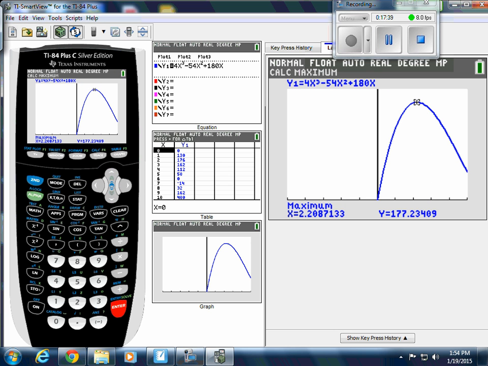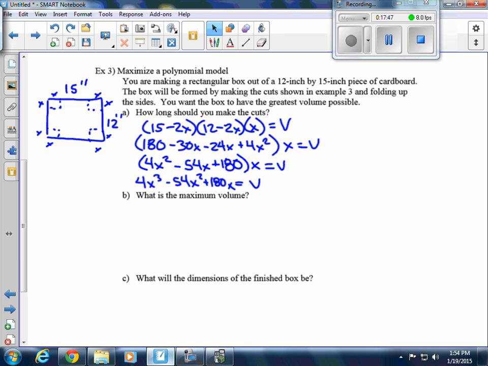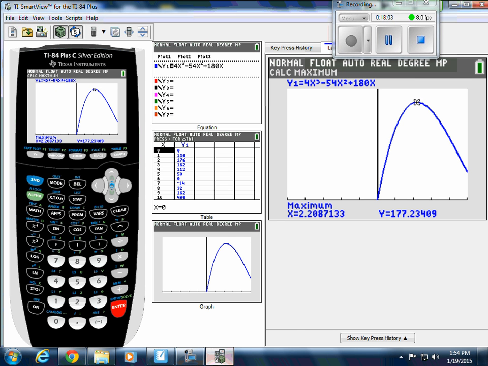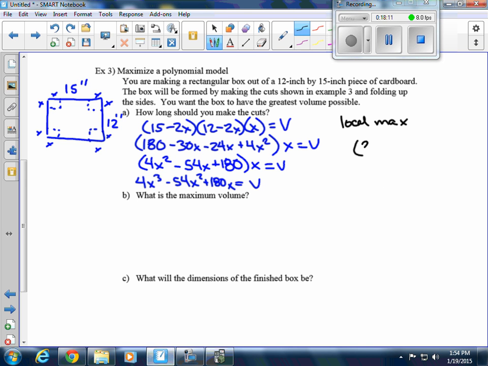And it tells me it's about 2.21 and 177.23. So if we write that point in here, the local max is approximately 2.21 and 177.23. Okay, so that's our local maximum.